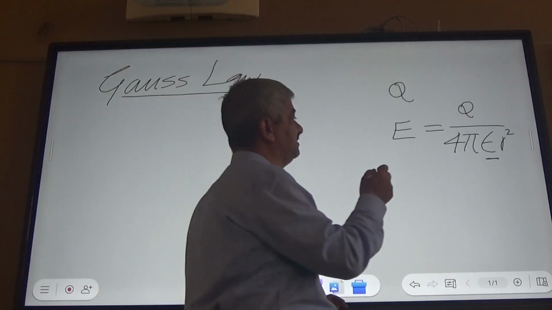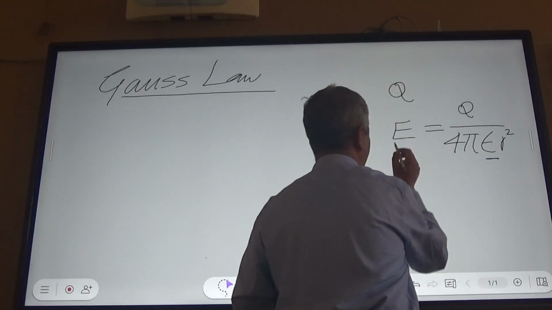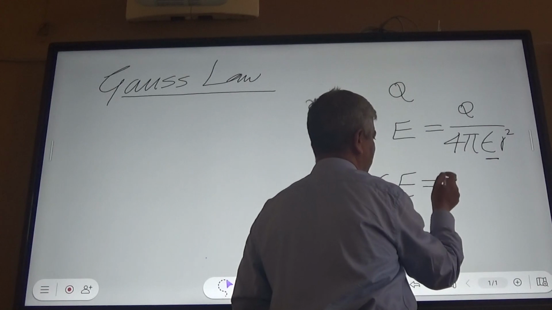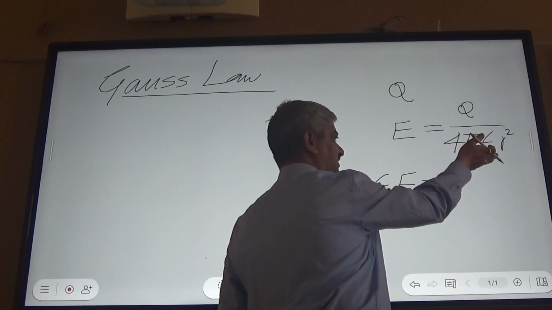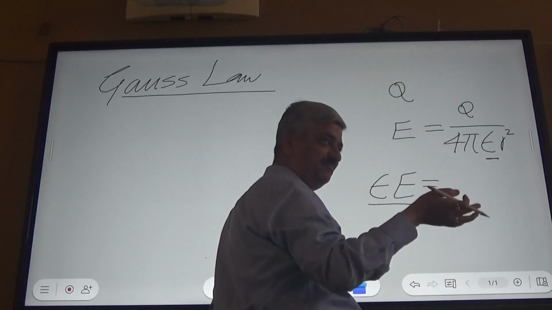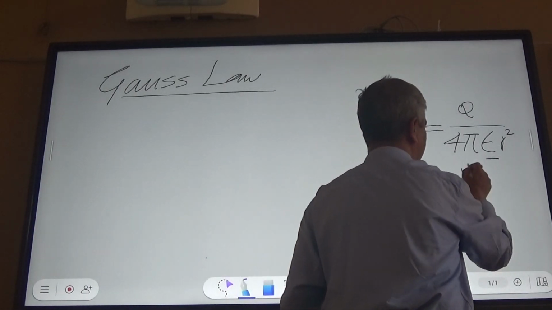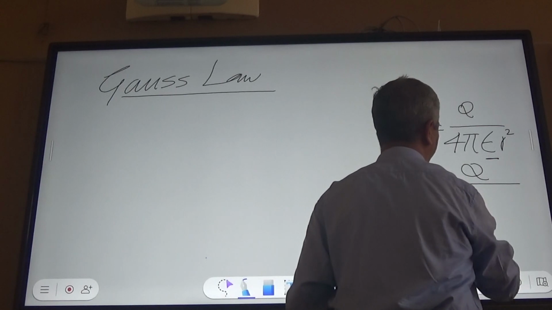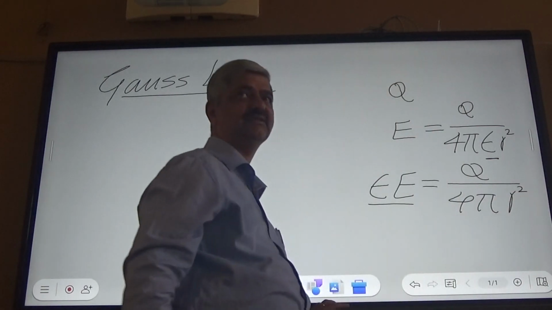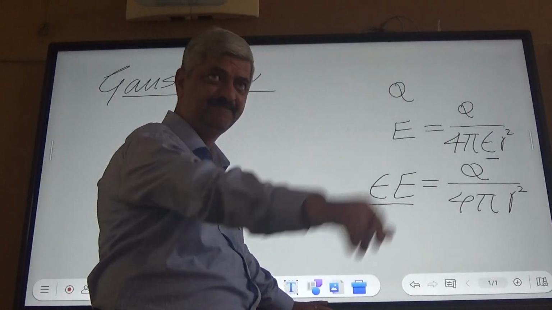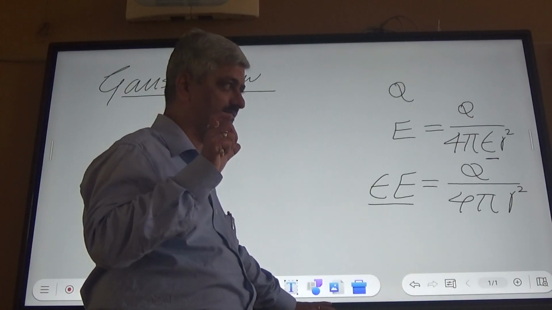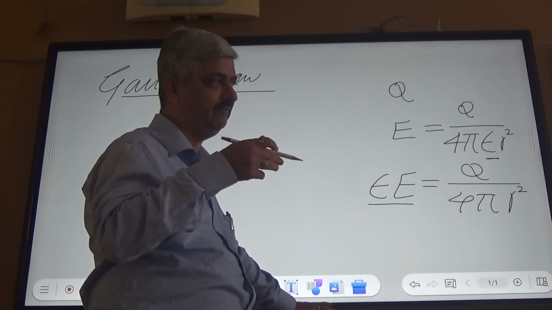Now if this epsilon is taken on the other side, it is very obvious that E will become independent of medium, that is Q upon 4 pi r square. Listen carefully, it's not very difficult, but we will move further.